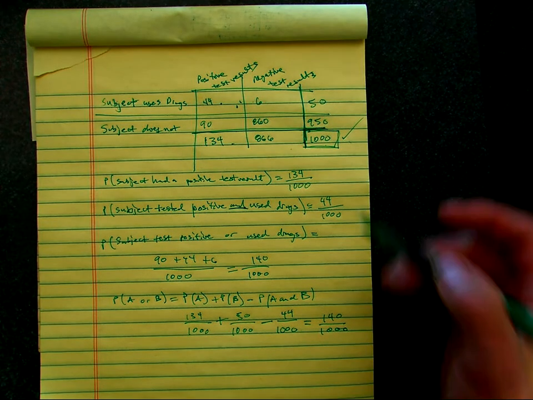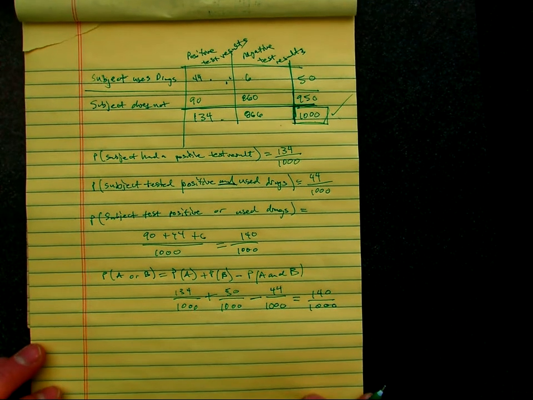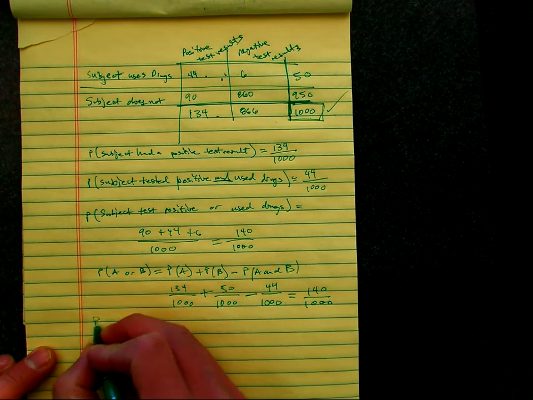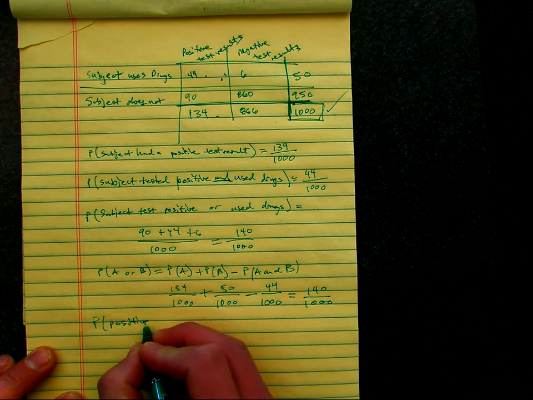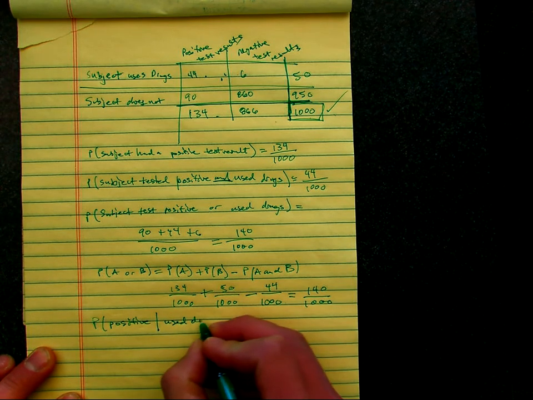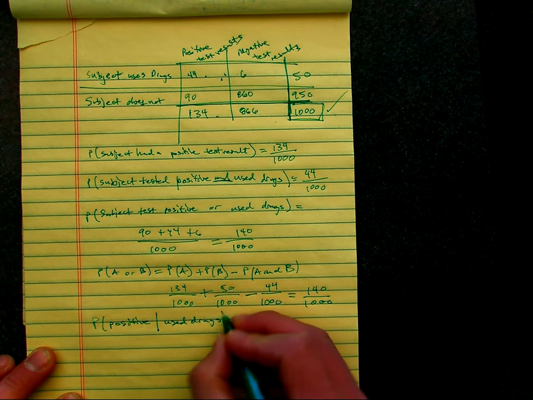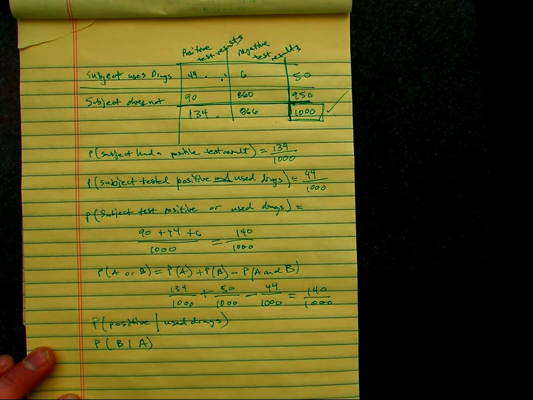So that's how to do a couple of those. Now, let's move it to make it a little more complex, and hopefully not run out of room. If we do the probability of positive given the used drugs. So this is like the probability of B given A. All right?